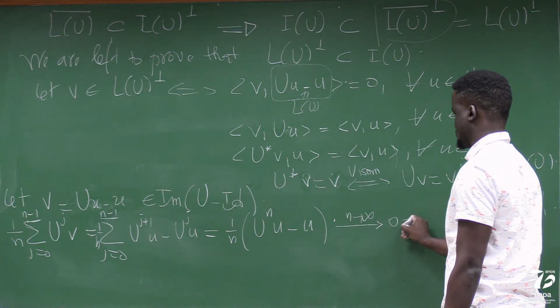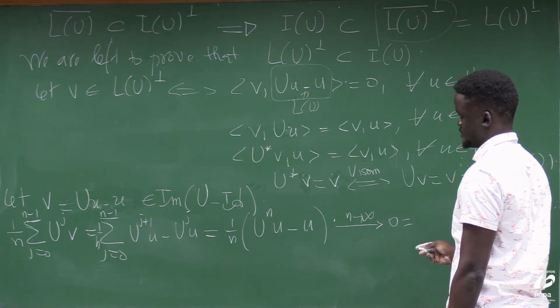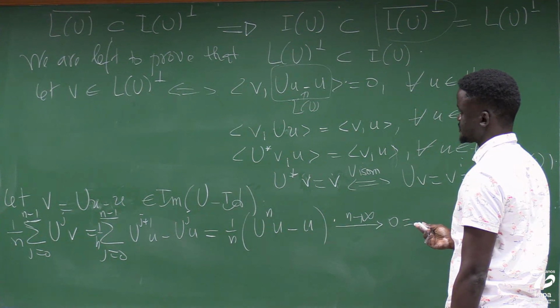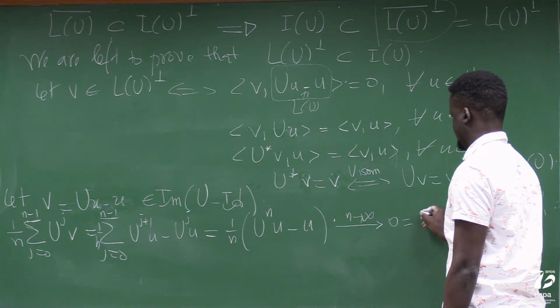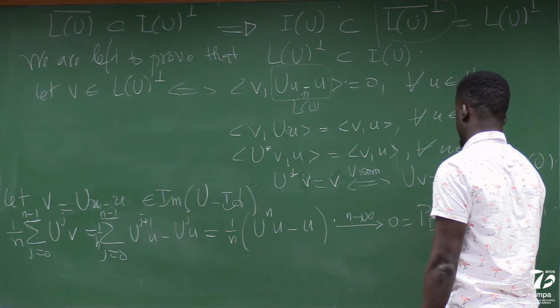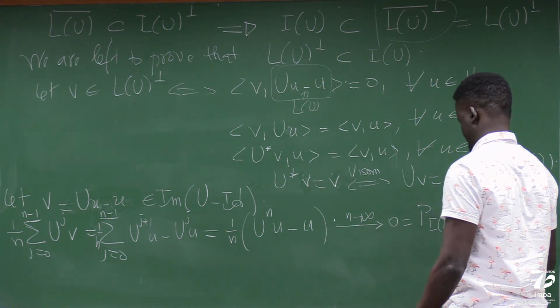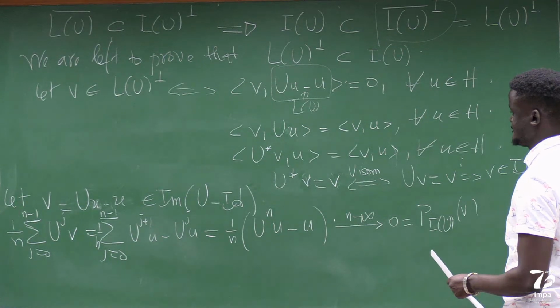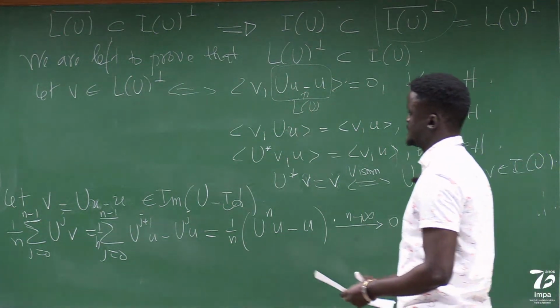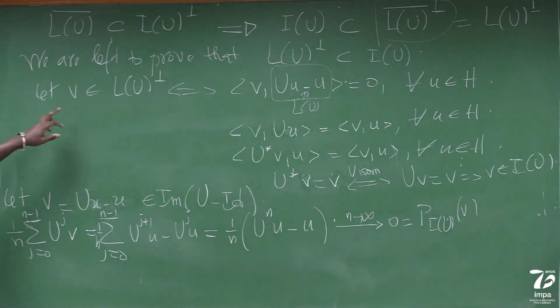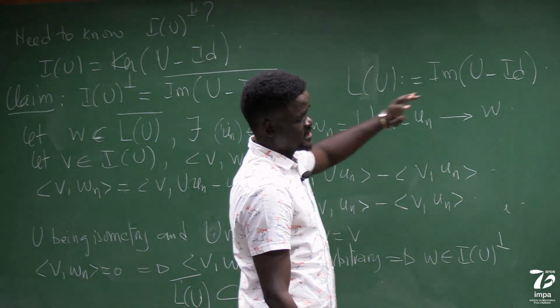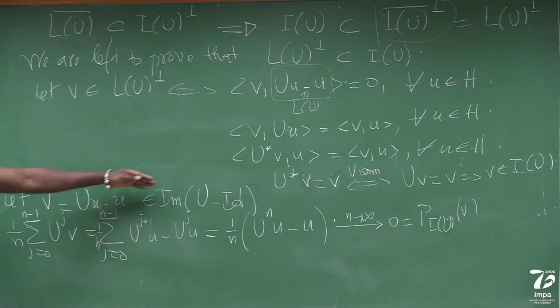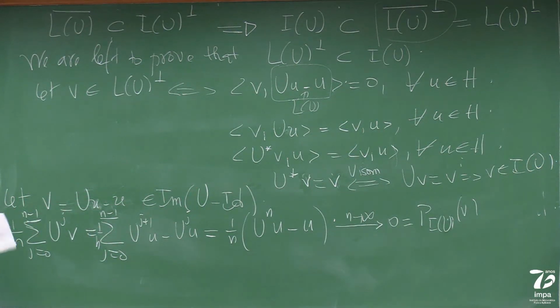And 0 is just the projection, because if you are in the orthogonal, it is P I U of V. Yeah, I did it for a vector in the image. For a vector in the closure, you just do approximation. So this proves the von Neumann theorem.